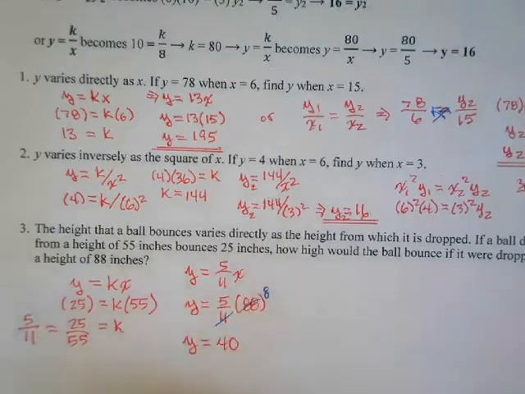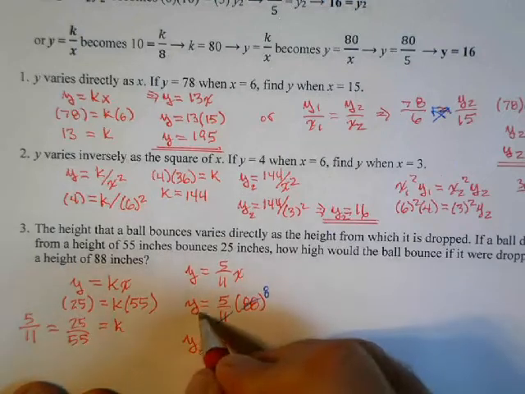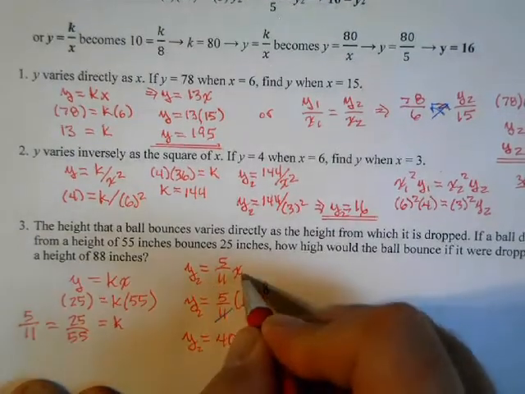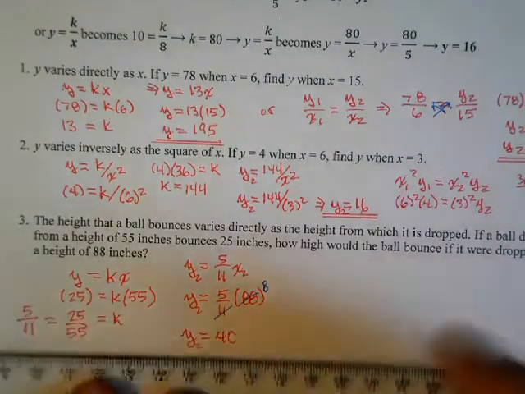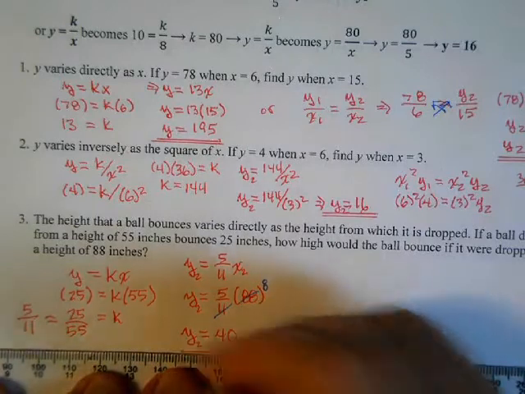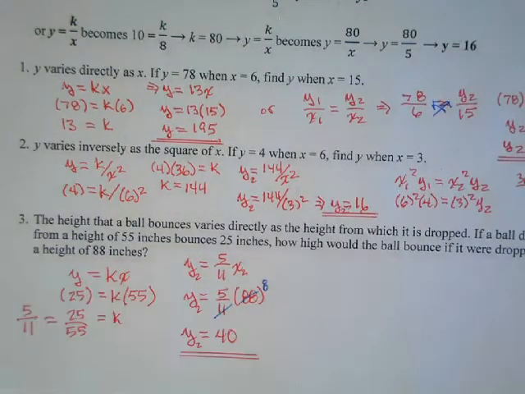And really I should say that's my y2, is what I'm looking for. And so there's my answer. Note that I didn't turn the 5/11ths into a decimal just because it was easier to work with it being 5 over 11, and of course 11 went into the 88.